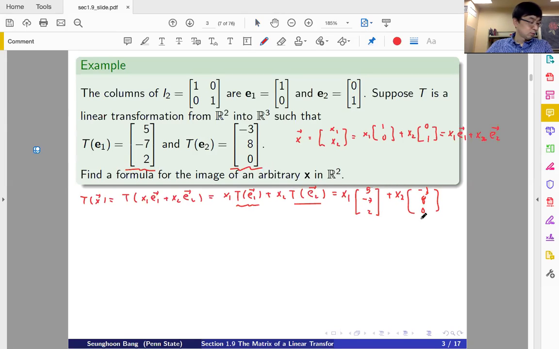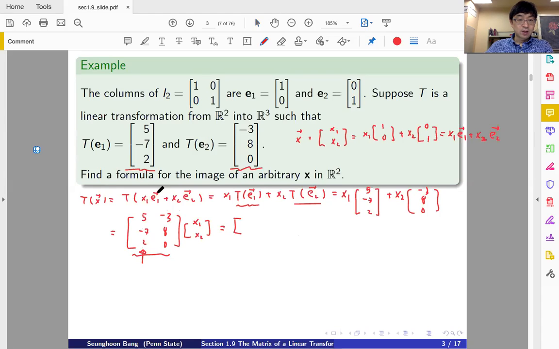So this is the same as the matrix with columns 5, negative 7, 2 and negative 3, 8, 0, times the vector x1, x2. What is the matrix?